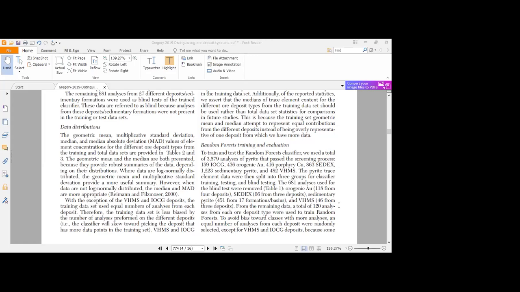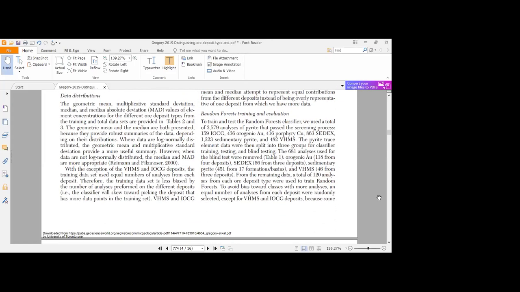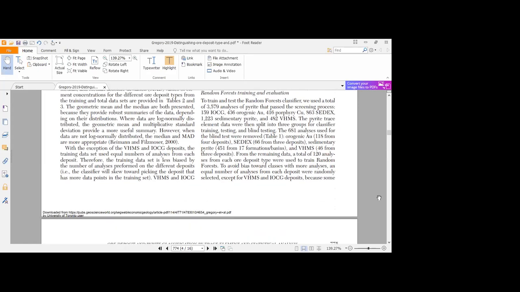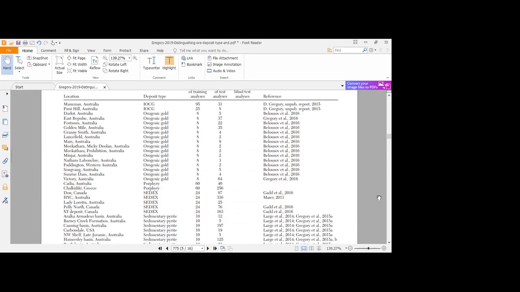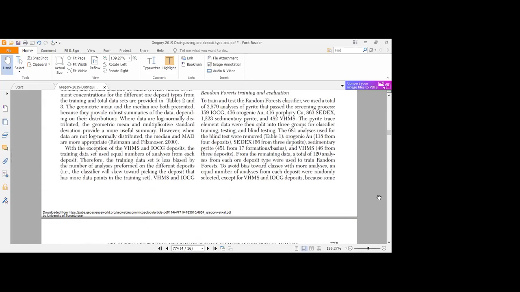In the left part of this page, and in the last paragraph about the data distribution, they say the remaining 681 analyses from 27 different deposit formations were used as the blind test of the trained classifier.